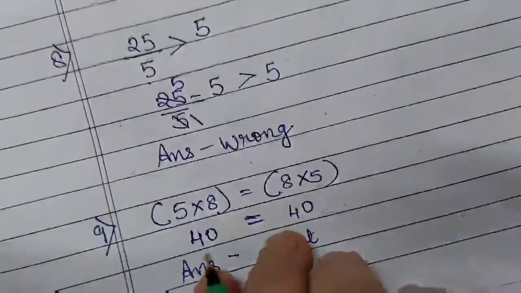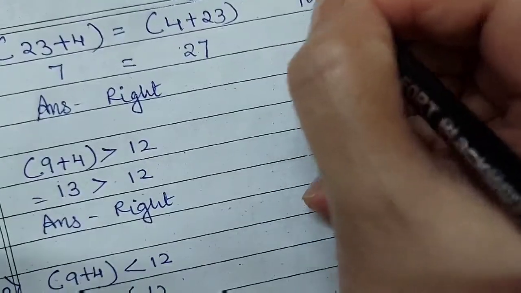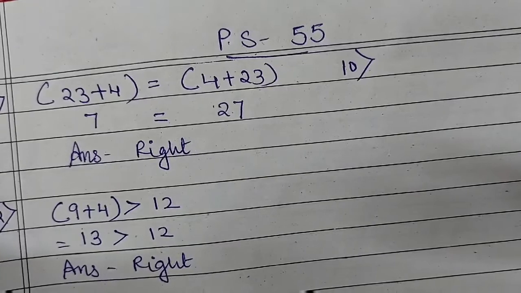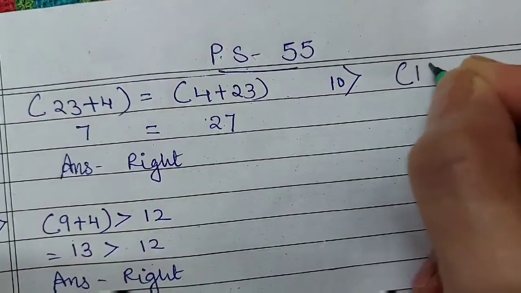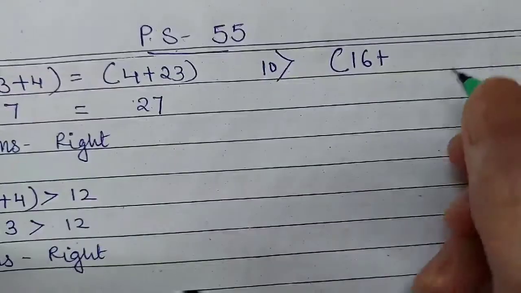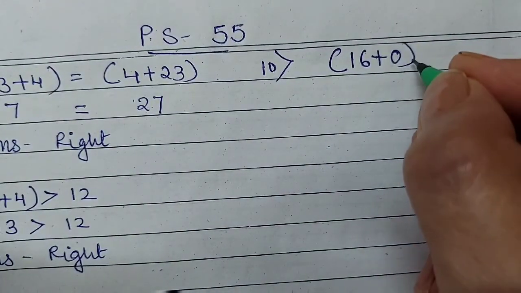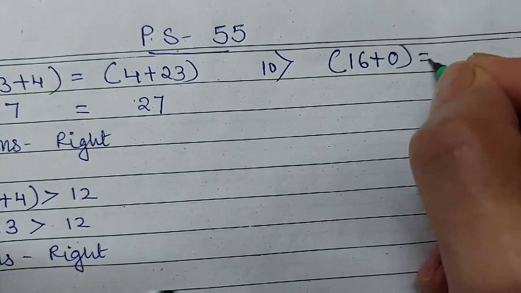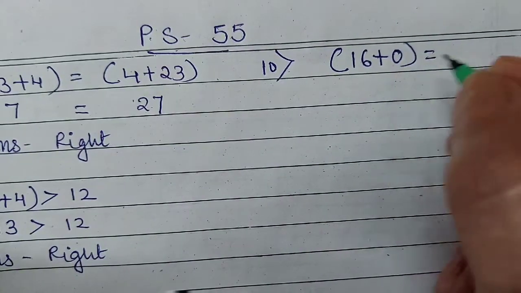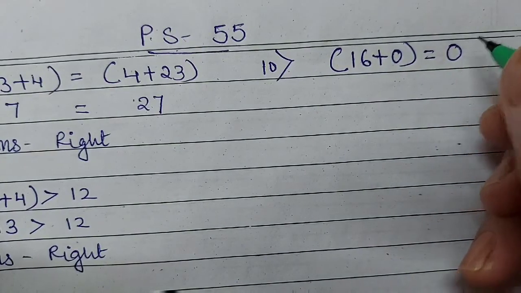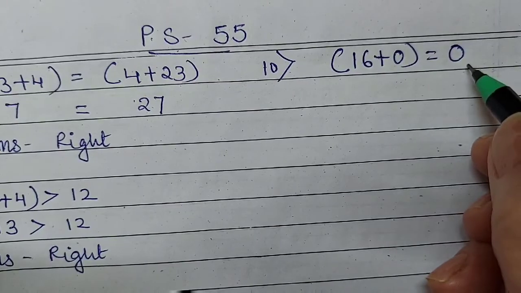Okay. Coming to the 10th question. Now your 10th question is 16 plus 0 is equals to 0.